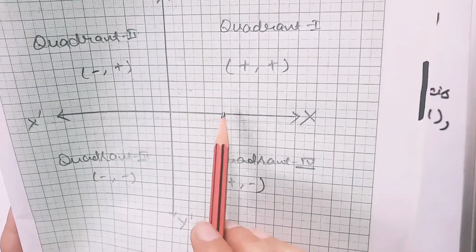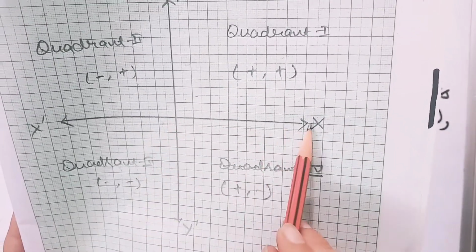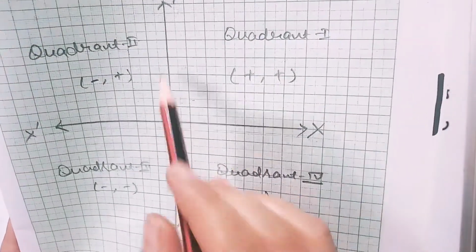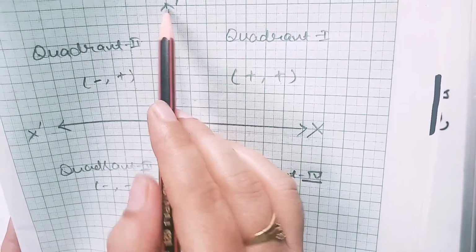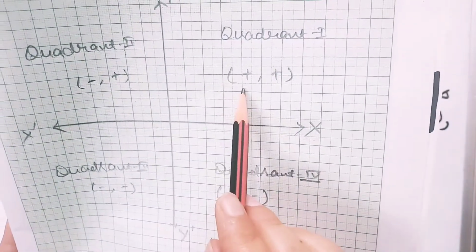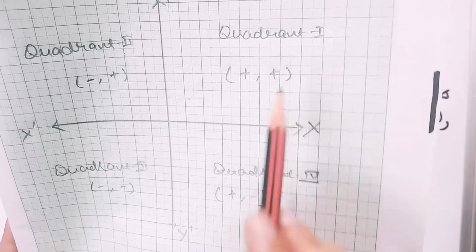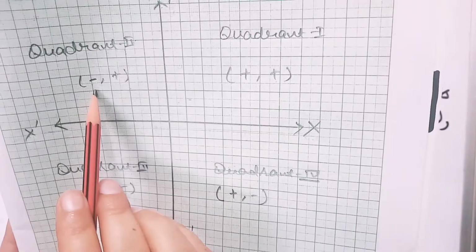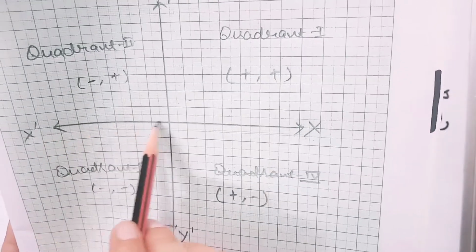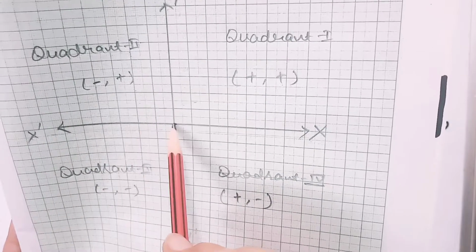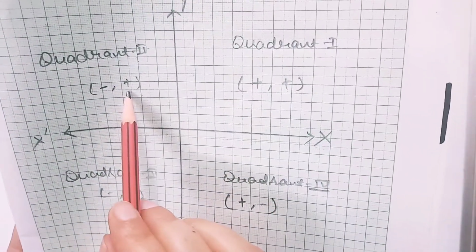So you can see here, right hand side of the x-axis is positive values, and upward of the y-axis is positive values. So when we look at any point in the first quadrant, x is positive, y is positive. When we locate any point in the second quadrant, the x coordinate will be negative because it is on the left hand side of the origin, and upward of the origin means y should be positive.